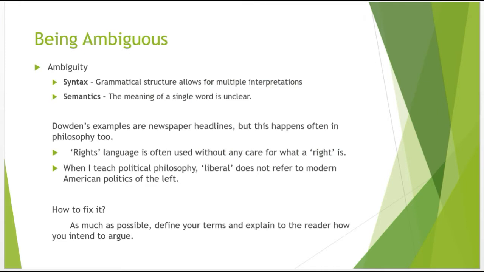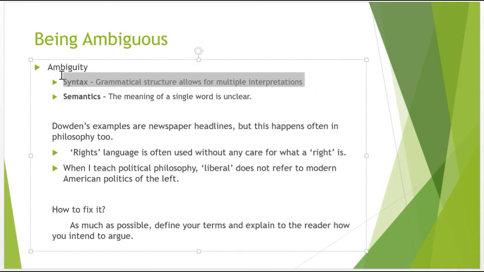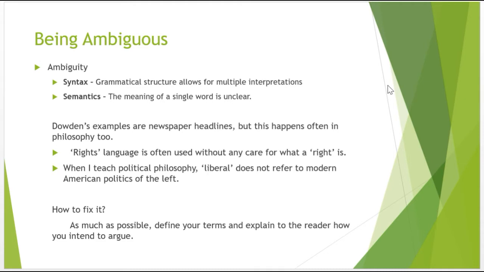Okay, so Dowden splits ambiguity up into syntactic ambiguity and semantic ambiguity. And I do want you to keep these terms in mind. This is helpful for you to remember. Usually, syntactic ambiguity is not the sort of ambiguity that you actually run into when you're having a conversation. So, I'm super popular. I spend all of my time on YouTube.